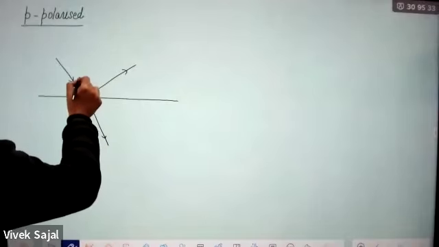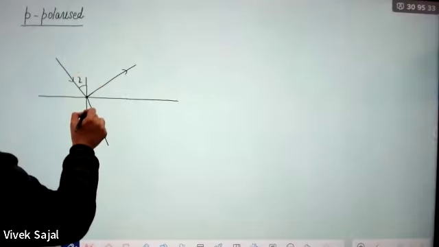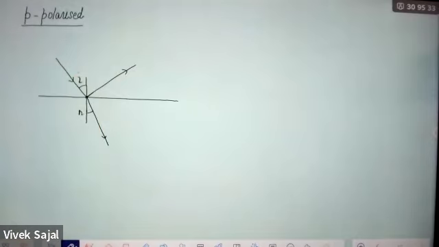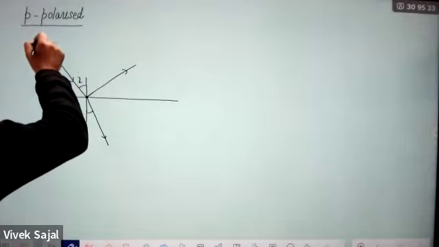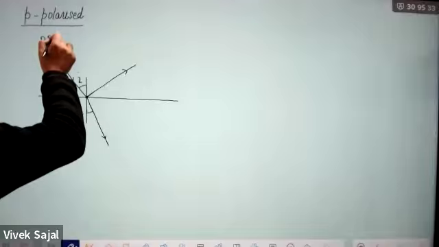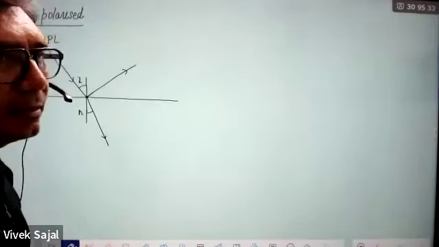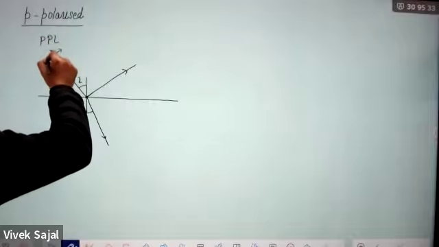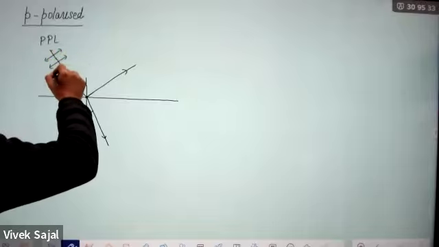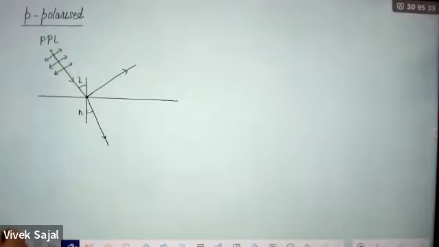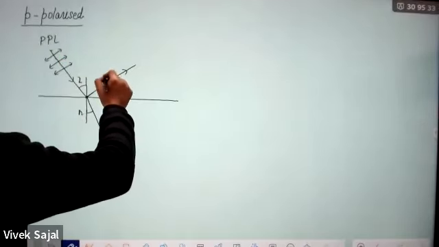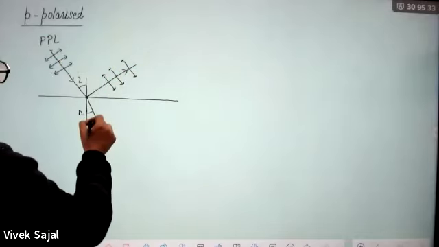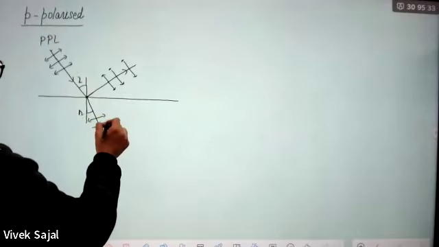I'm calling this I and this is R. Now this is a plane polarized light, and all the electric vectors of this plane polarized light are like this. They are parallel to the plane of incidence. Try to understand. For the reflected light, electric vectors will be like this. For the transmitted, electric vectors will be like this.